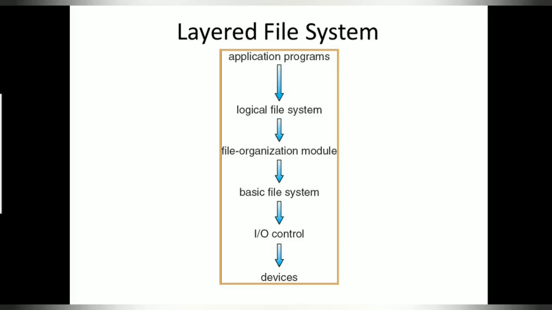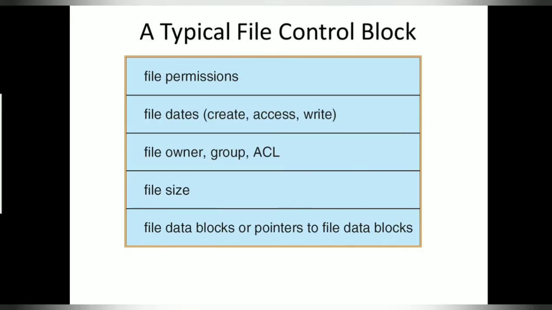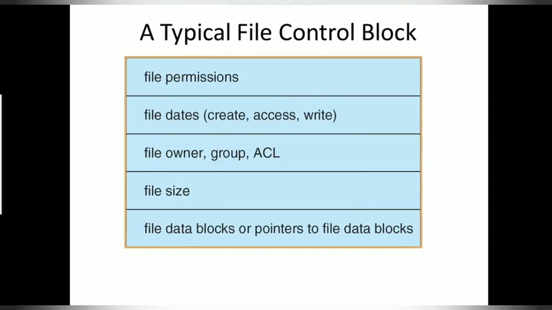It also maintains a file control block. Just like in the process, we saw the process control block that contains more information about the process. Here we have a file control block that contains the information about the file, which has the location, the file content.